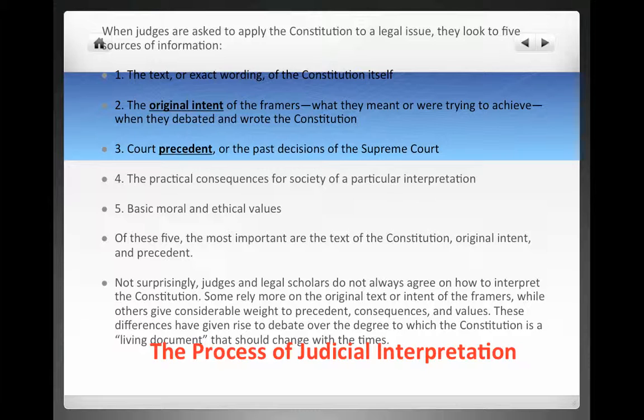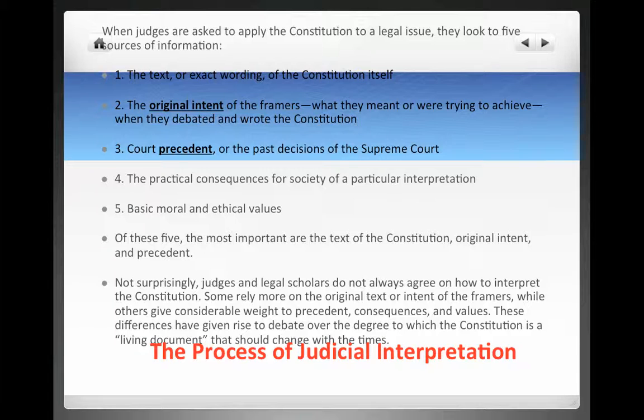When judges are asked to apply the Constitution to a legal issue, they look at five sources of information. One, they go straight to the Constitution itself, the text and the exact wording. The second thing they have to look at is the original intent of the framers, what they meant or were trying to achieve when they debated and wrote the Constitution.